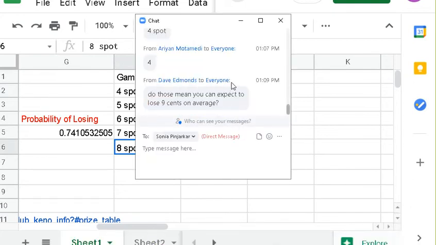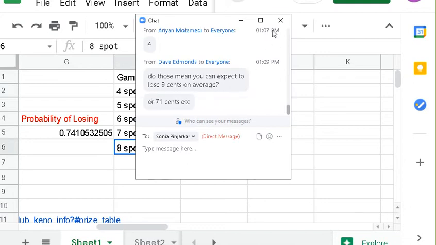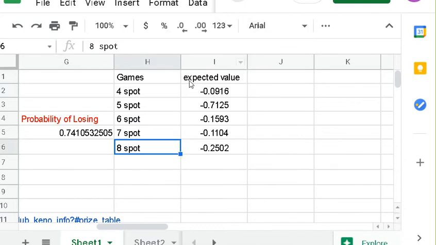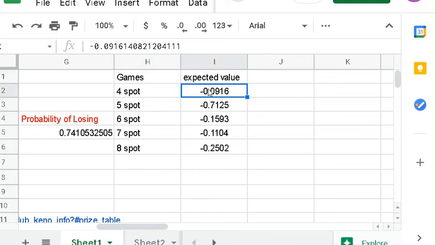Yeah, so to put that in perspective, that means every time you wager $1, on average, you could expect to lose 9 cents. So if you bought 1,000 tickets, 1,000 times 9 cents, you'd be losing what? $9 on average.